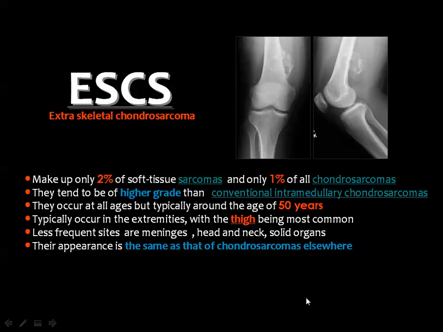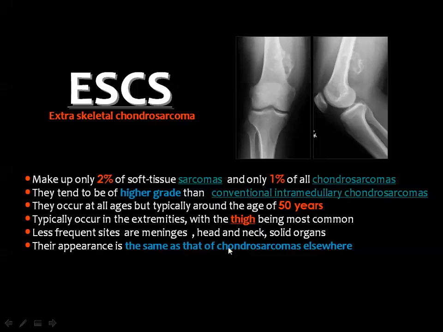This chondrosarcoma is considered of higher grade than the chondrosarcoma occurring inside the bone. It can affect all age groups, but commonly the age incidence is around 50 years of age. This lesion is frequently seen in the thigh, which is considered the most common.